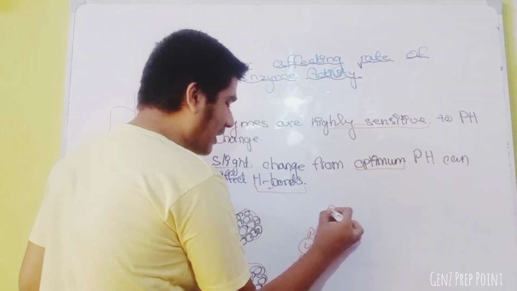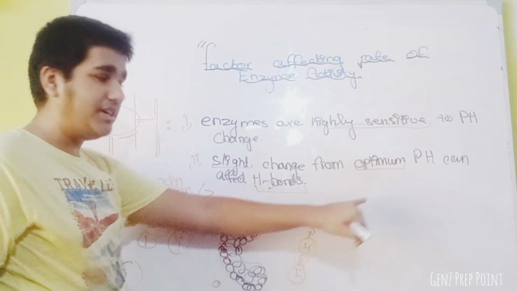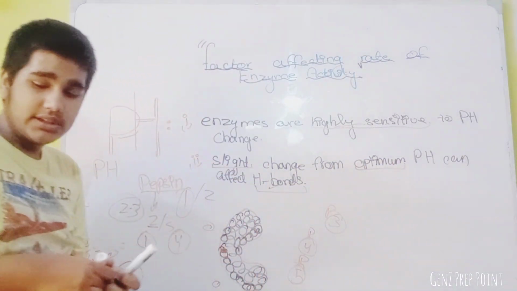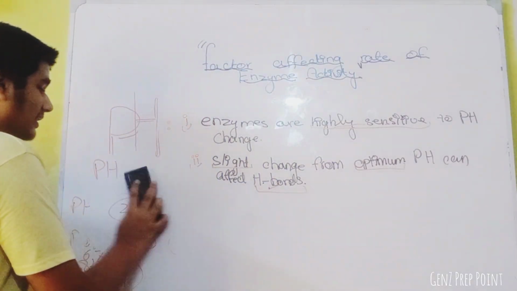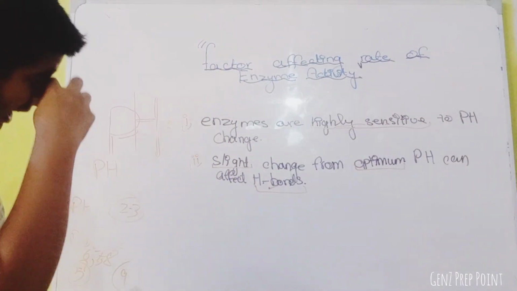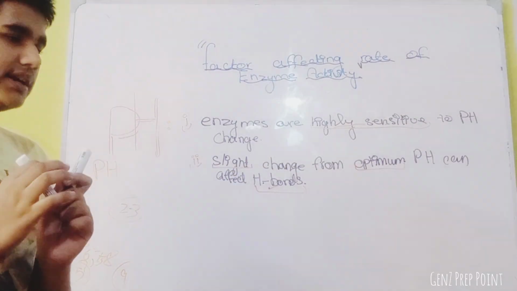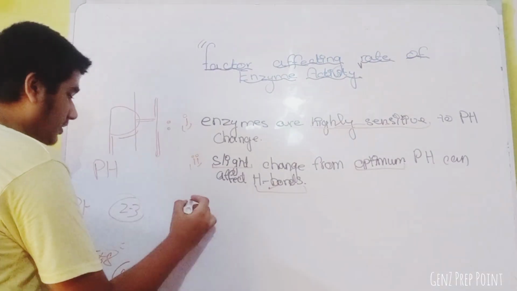If I give pepsin 3, now this is the optimum pH for pepsin, so pepsin works at its most activity. So if I erase all this, let's talk about what happens when we decrease or increase the pH from its optimum level.